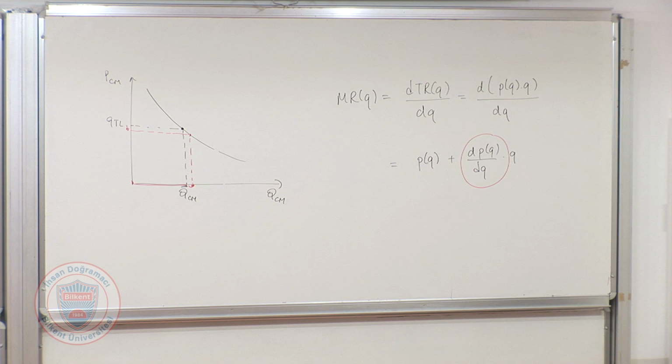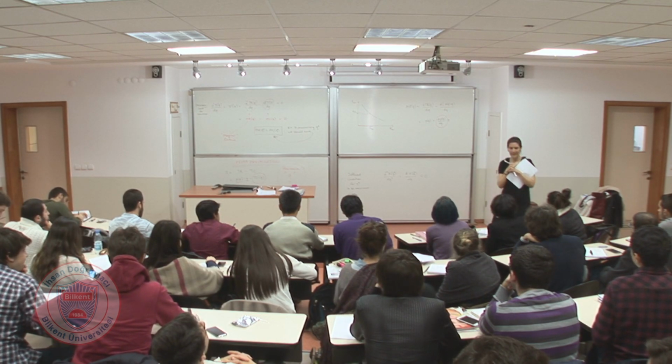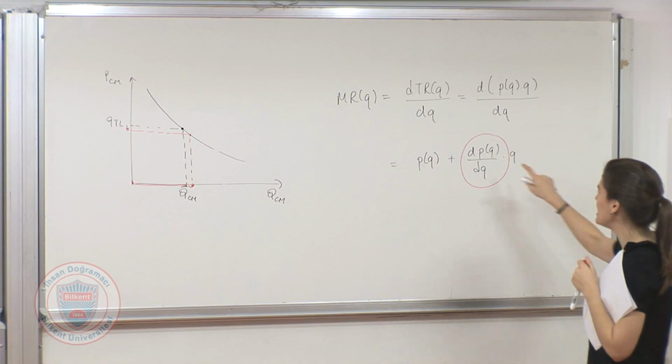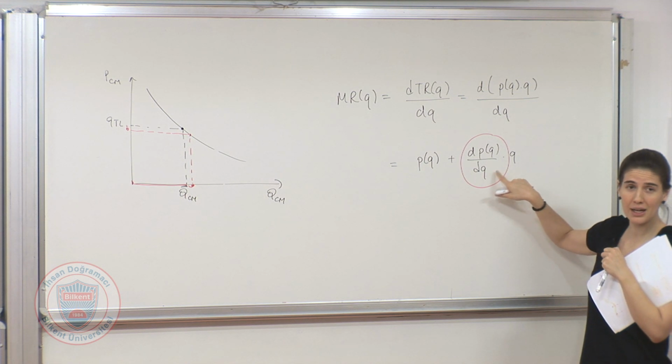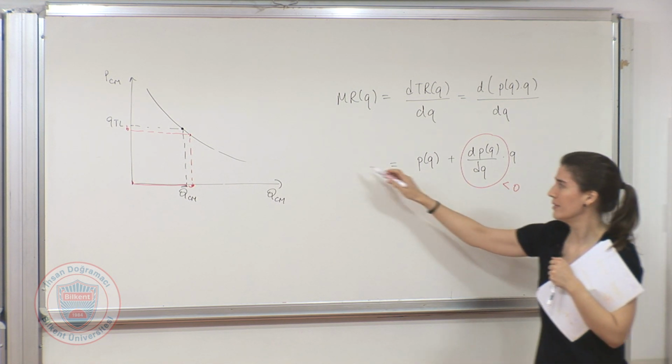We saw this. This is the slope of the inverse demand curve, the slope of the demand curve, and most of the time this has a negative sign.